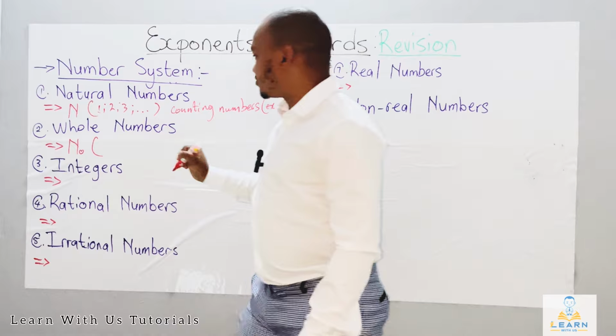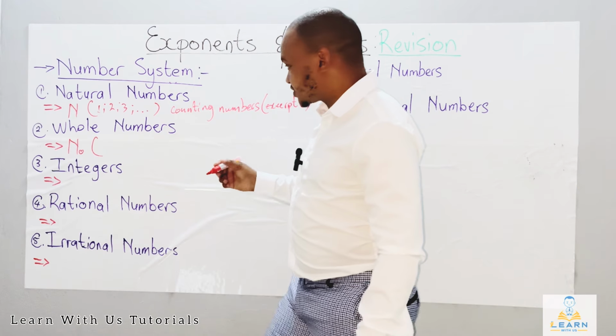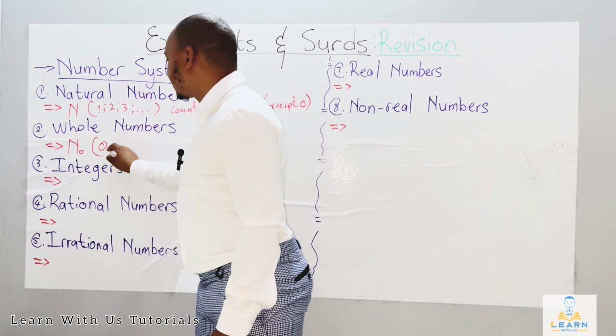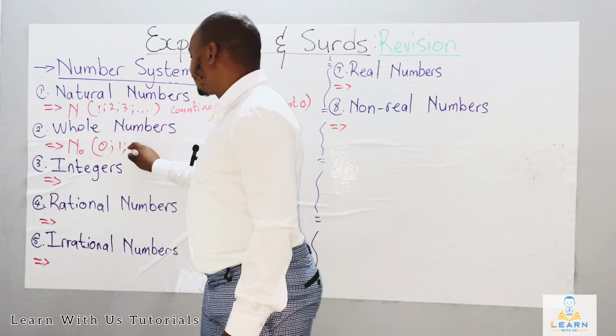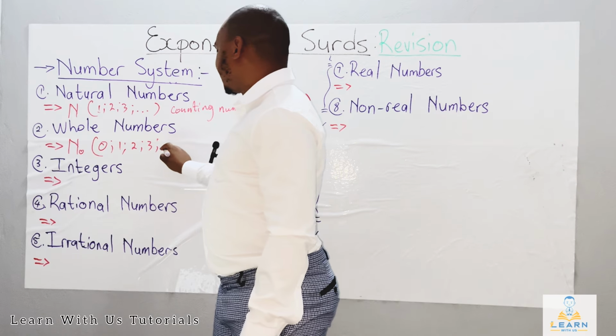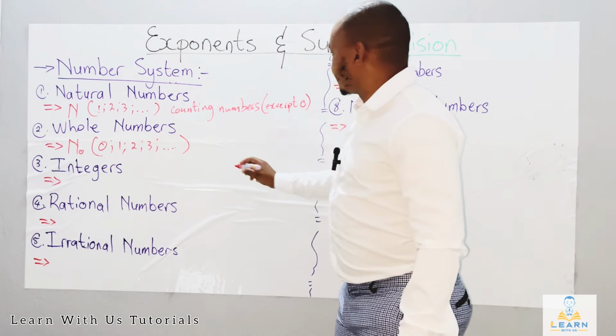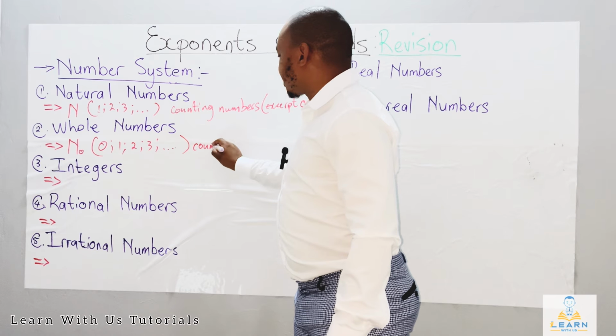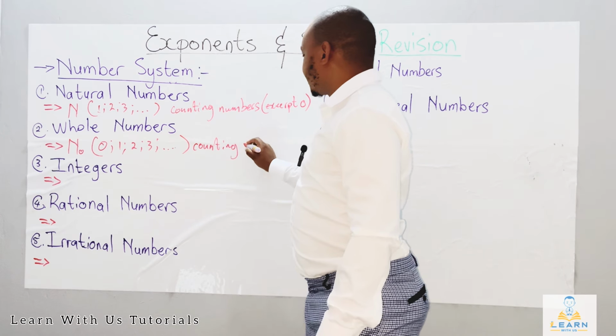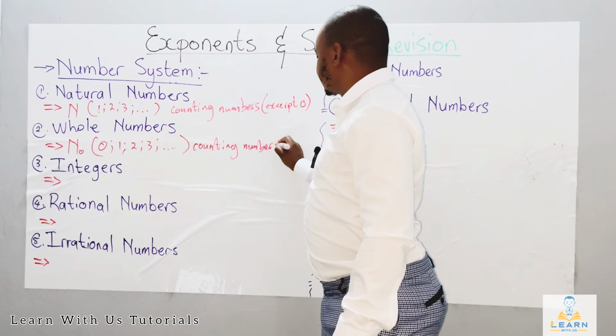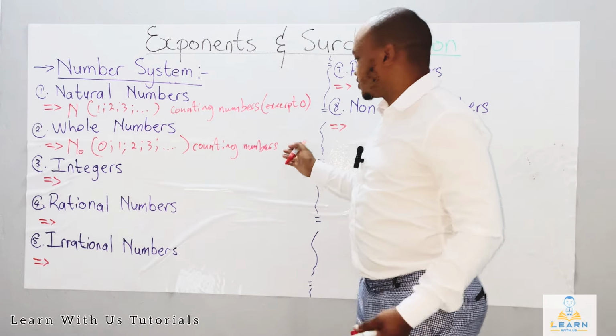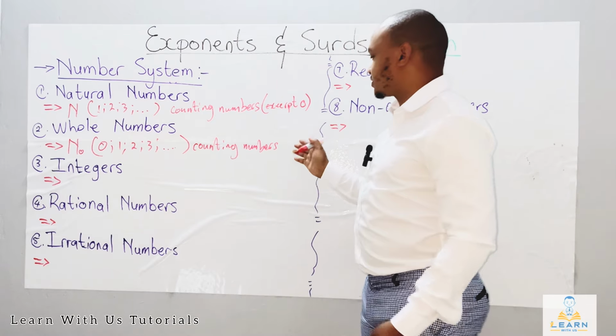The whole number system has counting numbers that start from 0, 1, 2, 3, and so on. 0 included, of course.